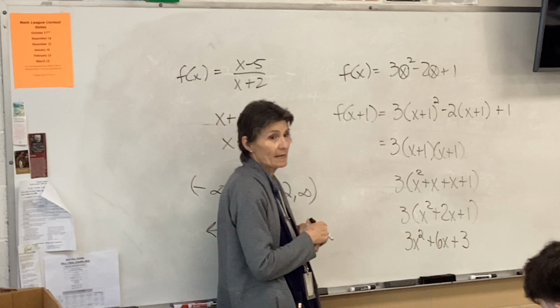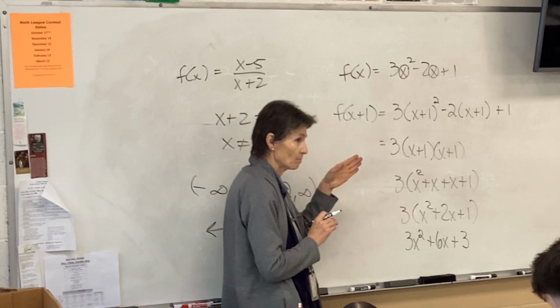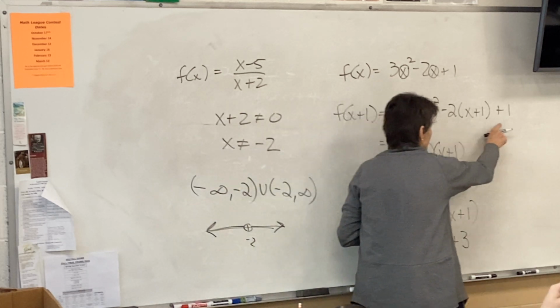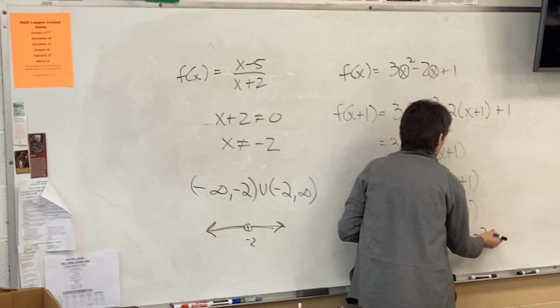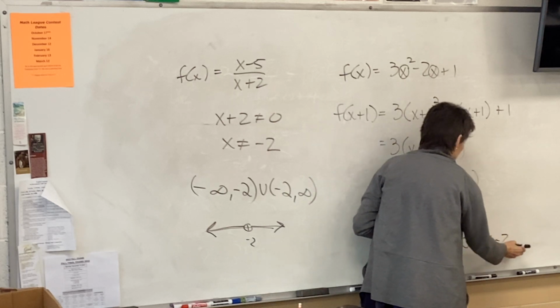But don't get so excited that you forget you still have the other half of the problem to do. You still have all this. Minus 2x minus 2 plus 1.